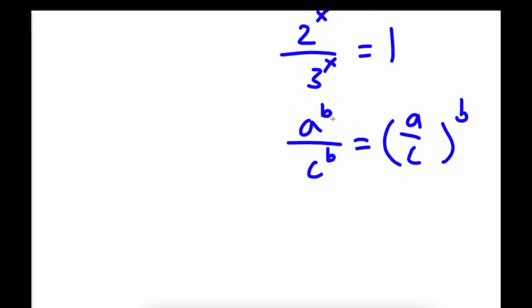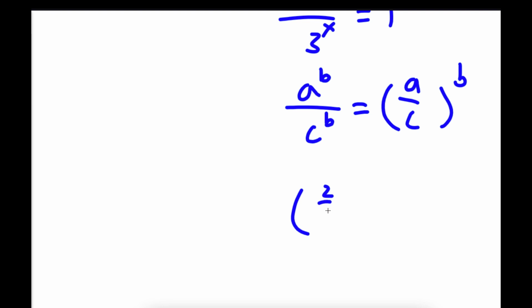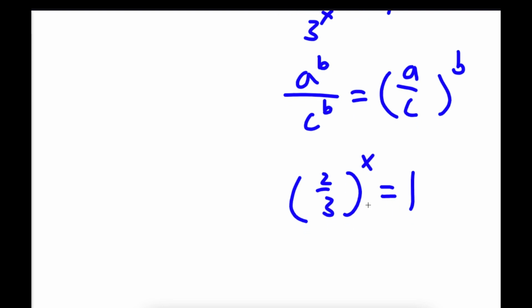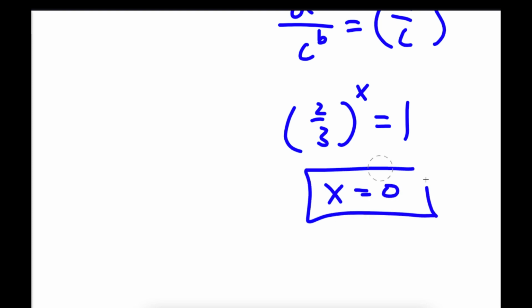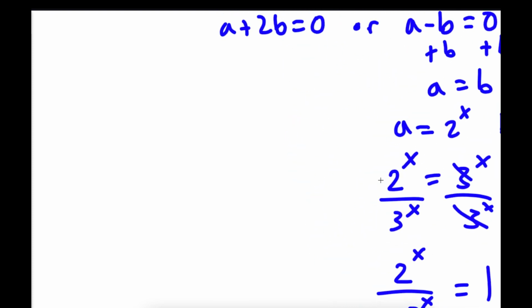So 2 to the power of x over 3 to the power of x, that's the same thing as 2 over 3 to the power of x, which is equal to 1. And the only value that holds true to this is 0. So x equals 0 is one solution.